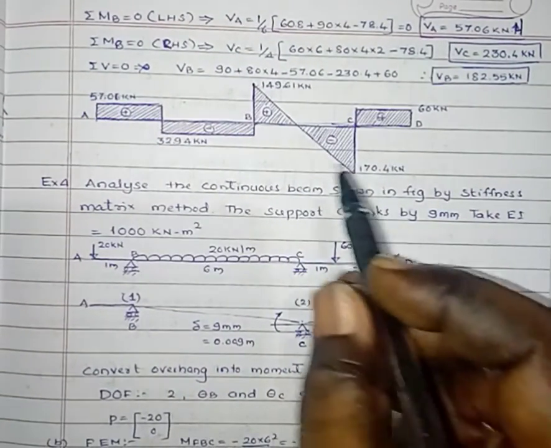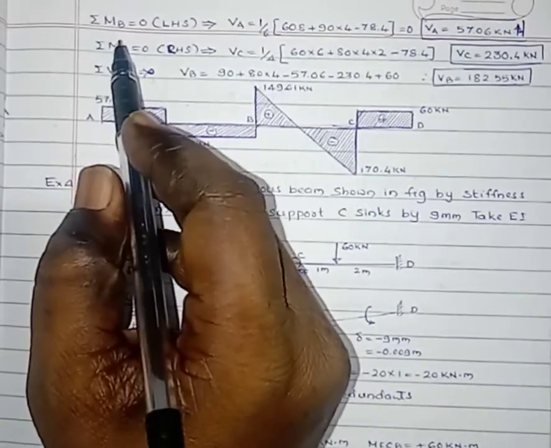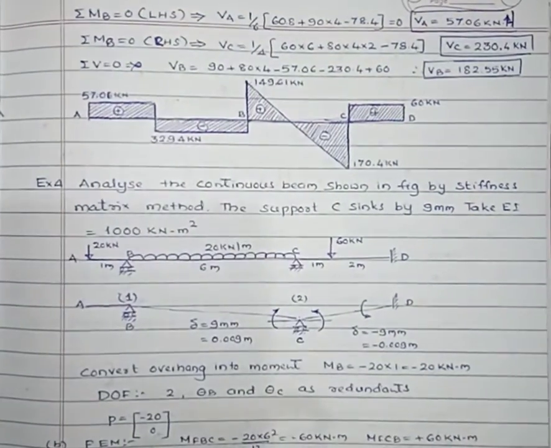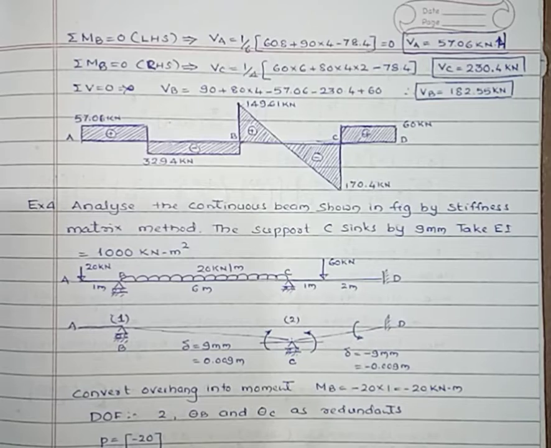We can calculate the support reactions: summation of MB equals 0, by considering the LHS.